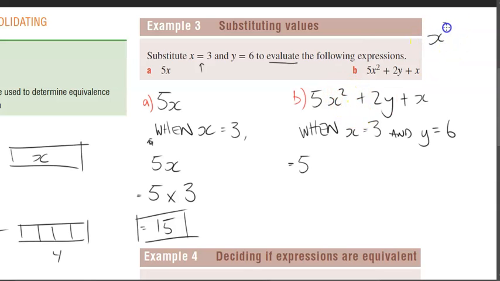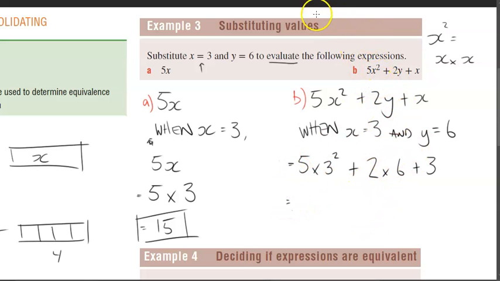Remember, x squared simply means x times x. So this here is 5 times 3 squared. Okay, that's the first part, plus 2 times y, which is 2 times 6, and then we're going to add an extra x on top of this. Okay, so all I've done is simply replace the variables here with the numbers that have been assigned to them. I haven't really worked anything out just yet.